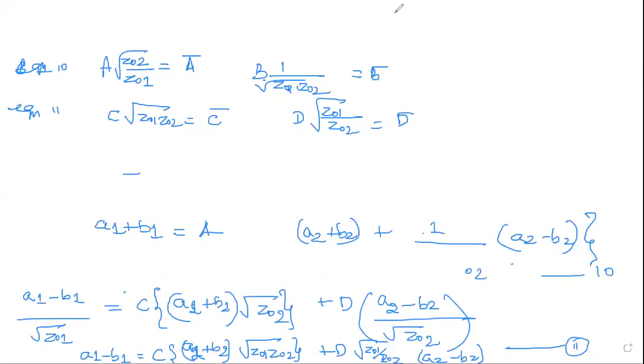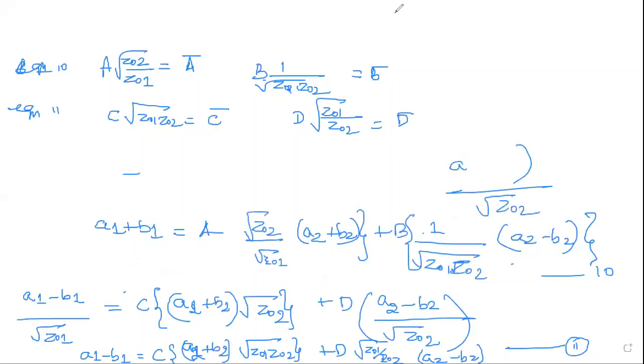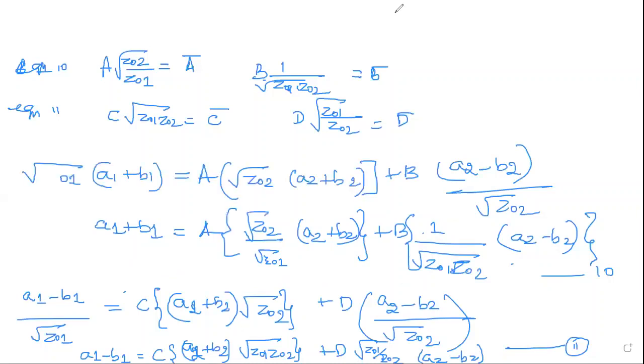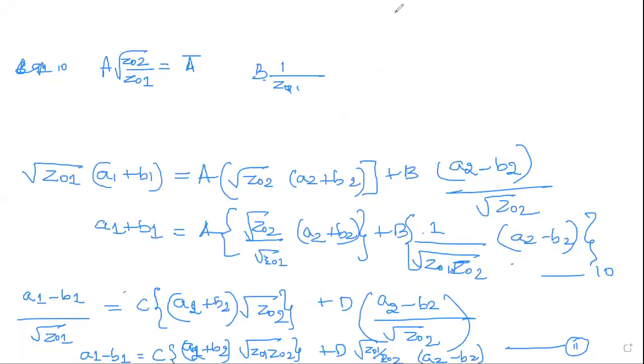It is not coming inside. So the incident and reflected voltages which you have taken, it should be B2 minus A2 for the current. Just make that change in the equation of A and B, that is A1 minus B1, which you have taken.